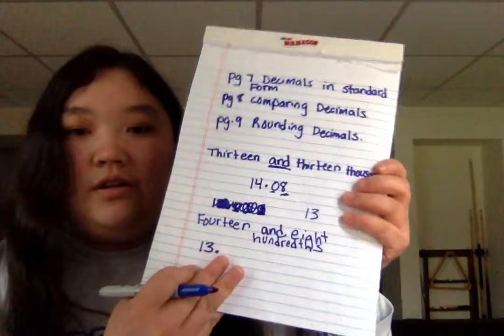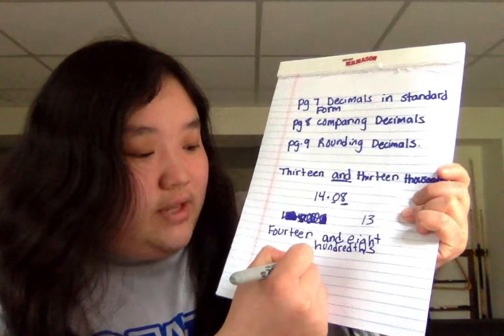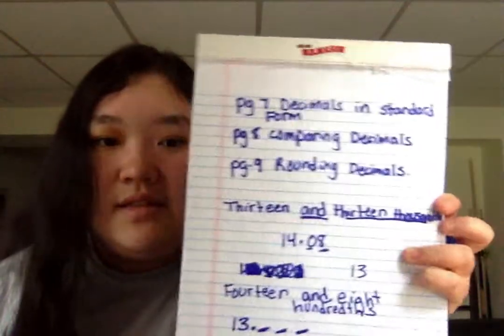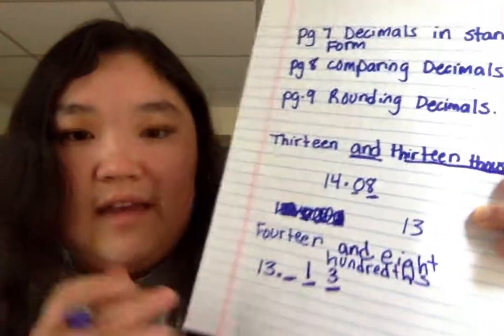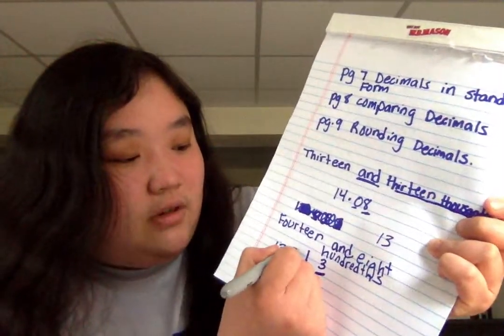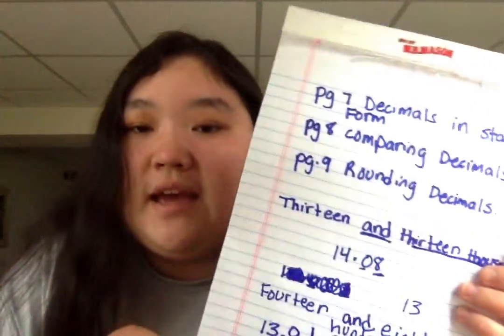So we have tenths, hundredths, thousandths, and we know the problem says 13 thousandths. So our 3 needs to end on the thousandths. So we could put our 13 right here, right? Isn't our 3 in the thousandths place? And then just to hold the place value, we can have a 0 right here. So your answer for that is going to be 13.013, or 13 and 13 thousandths.